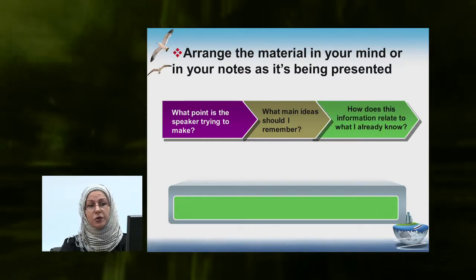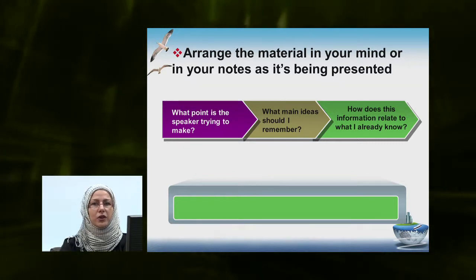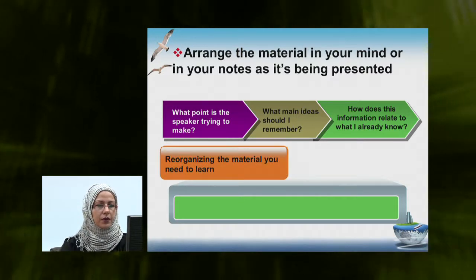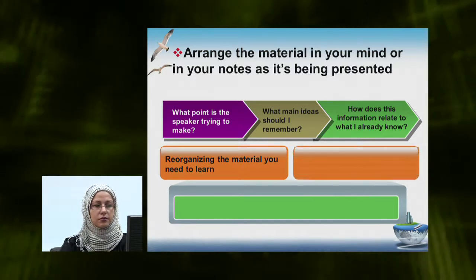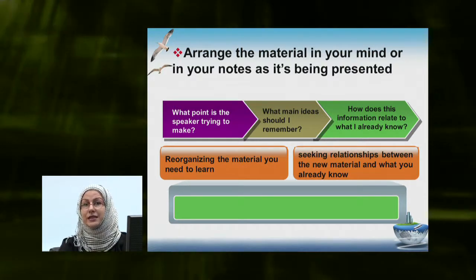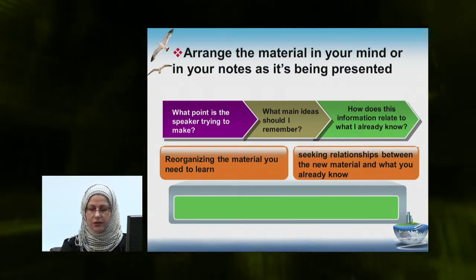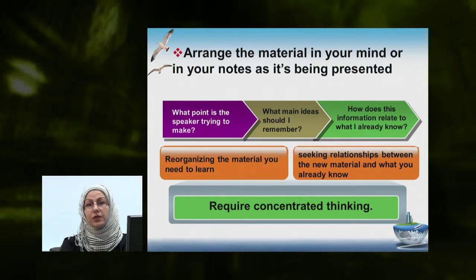And how does this information relate to what I already know? These are the three basic components for arranging the material in your mind. Reorganizing the material, you need to learn. Added to seeking relationships between the new material and what you already know about it or about the topic. Both require concentrated thinking.